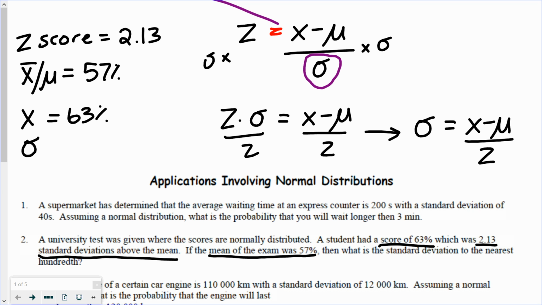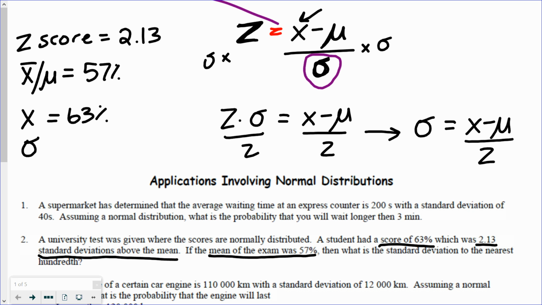You can see that we can use that formula in different ways. We used it last day to calculate the Z-score, but if we have those other pieces of information, we can actually calculate standard deviation. Or if I gave you the Z-score and standard deviation, and maybe the mean, you could rearrange to solve for the raw score or your data point, whatever you want to call it.